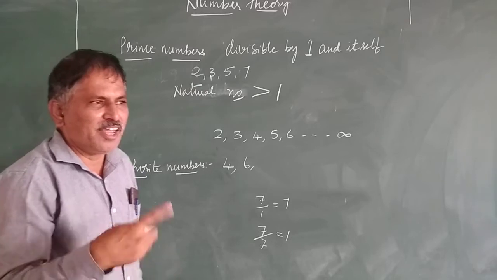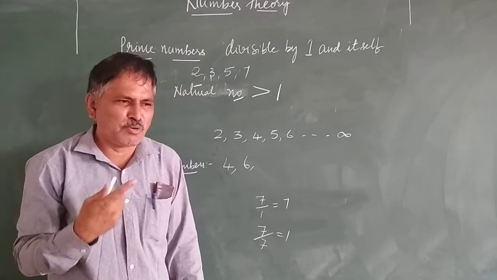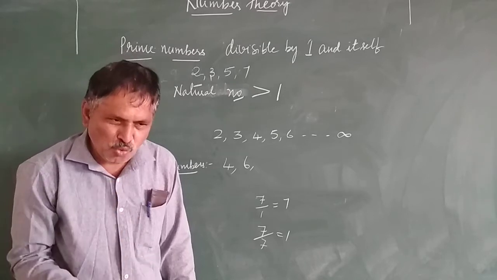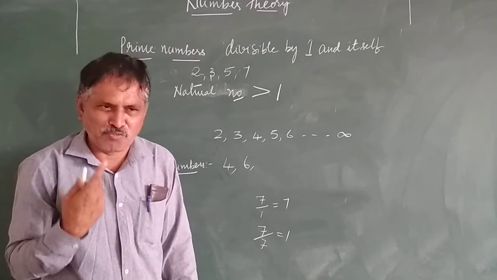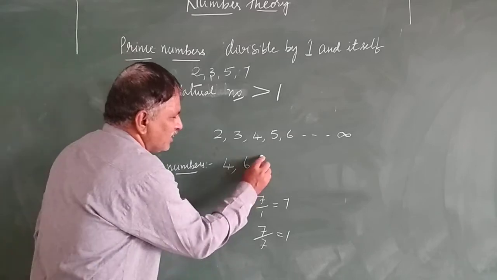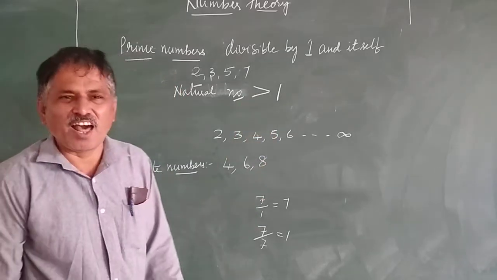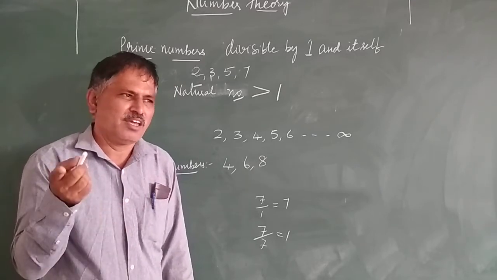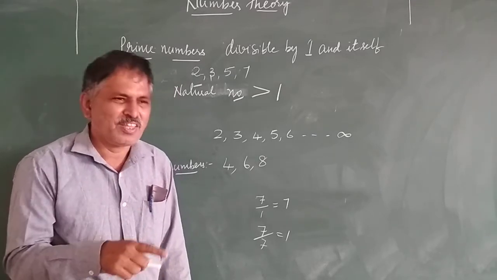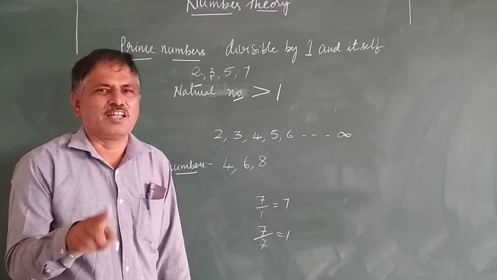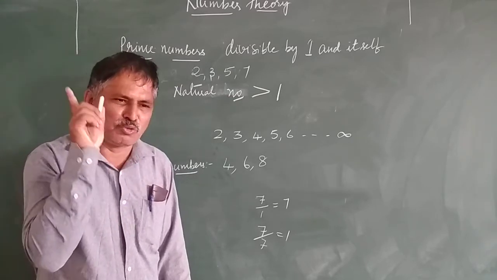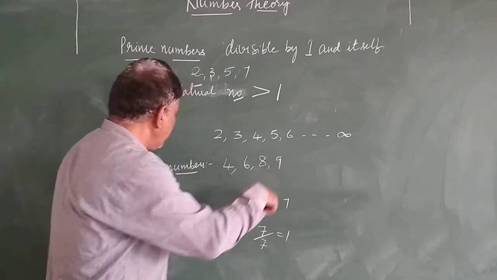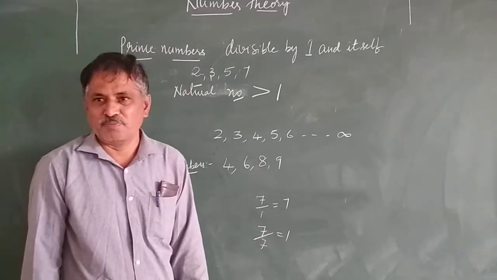Now 8, tell orally. 8 is divisible by 1, 8 is divisible by 8, 8 is divisible by 2, 8 is divisible by 4, hence 8 is a composite number. 9 is divisible by 1, 9 is divisible by 3, 9 is also divisible by 9, so 9 is a composite number.